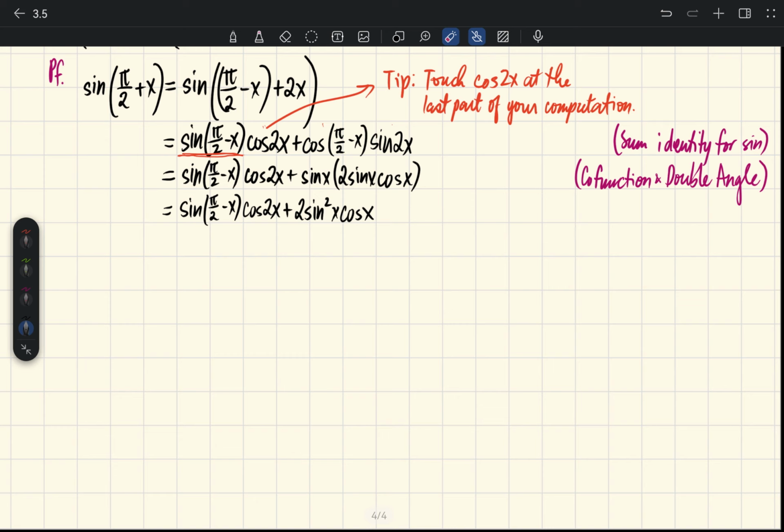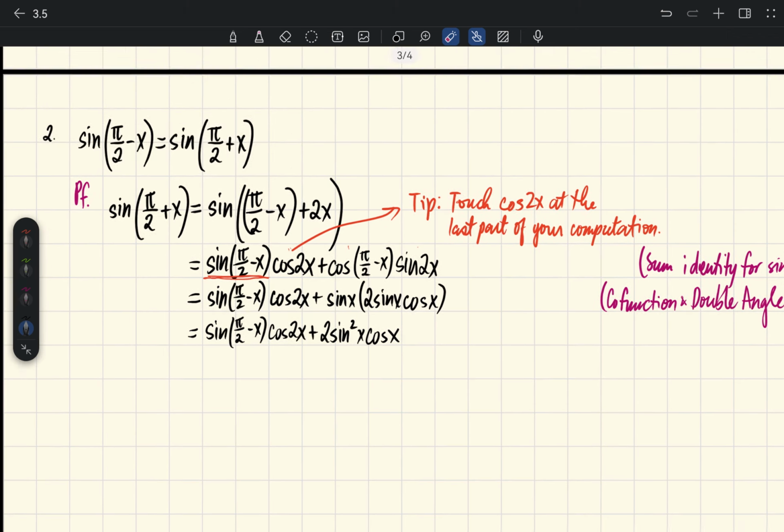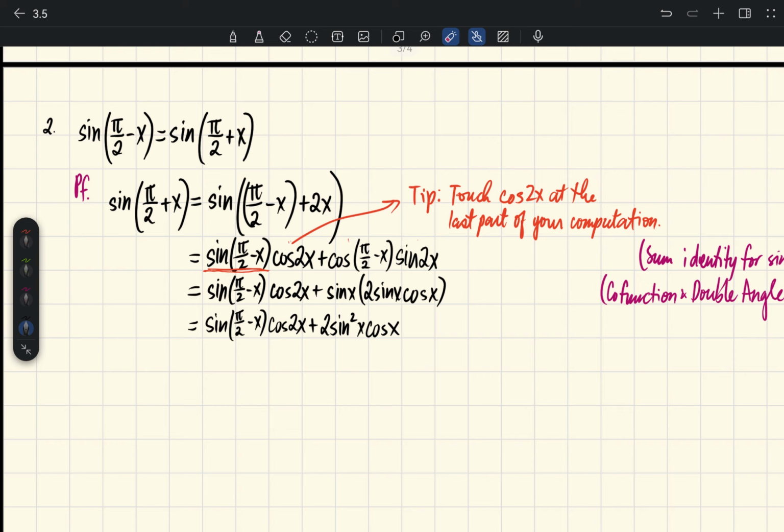Then what else can we do? Take note, sine of pi over 2 minus x equals cosine of x. So the cosine x here can be written as sine of pi over 2 minus x.